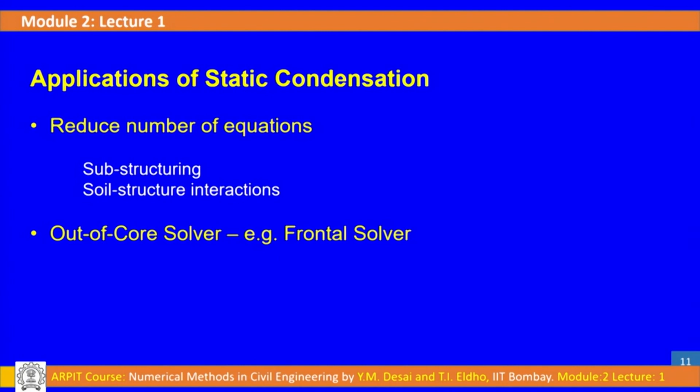As we know, soil is a very complicated material. Many times we have to do thorough analysis to study how the loads are transmitted safely to the supporting soil media. And in this context, we need to do soil structure interaction.